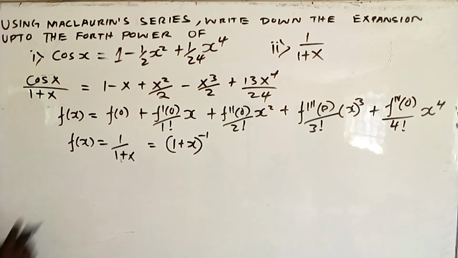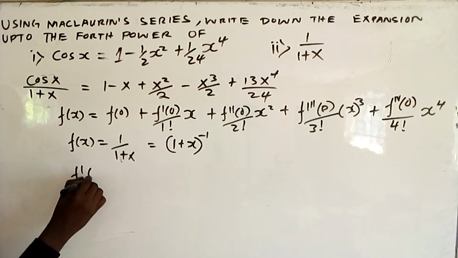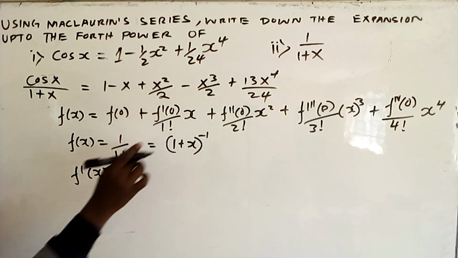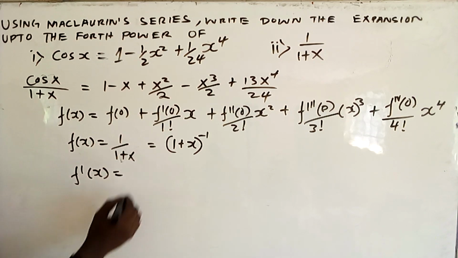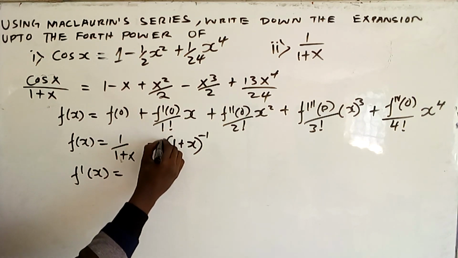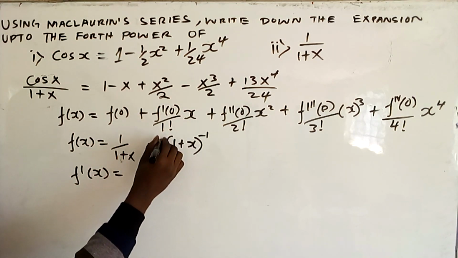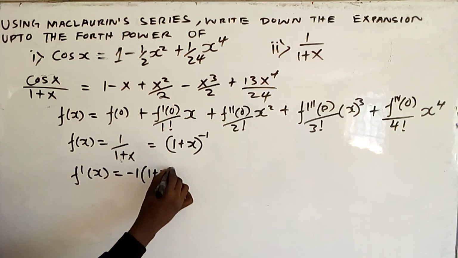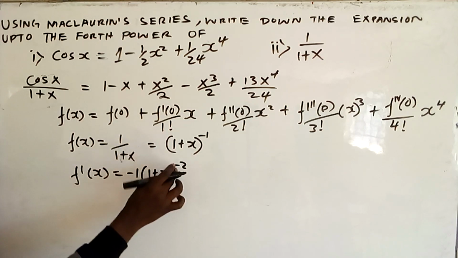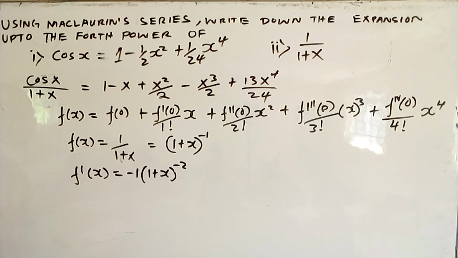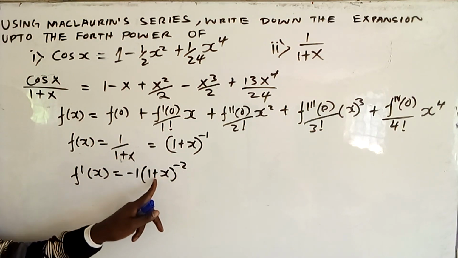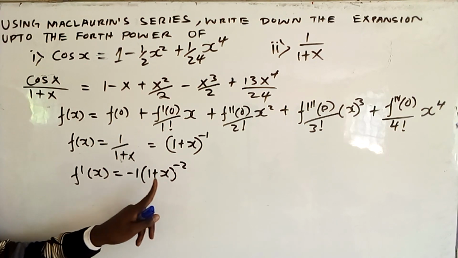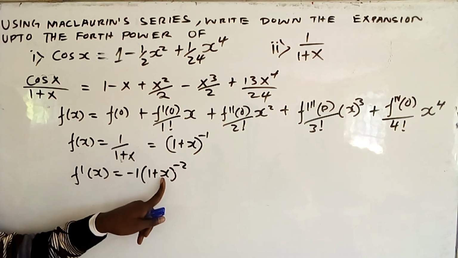Then you start differentiating. If you differentiate it for the first time, you differentiate the outer. This one has a coefficient of 1. Are we together? Yes. Negative 1 times 1, you get negative 1 into 1 plus x, then you reduce the power by 1. Negative 1 minus 1, you get negative 2, isn't it? When you differentiate the inner function 1 plus x, you get 1, because if you differentiate 1, you get 0, and if you differentiate x, you get 1.